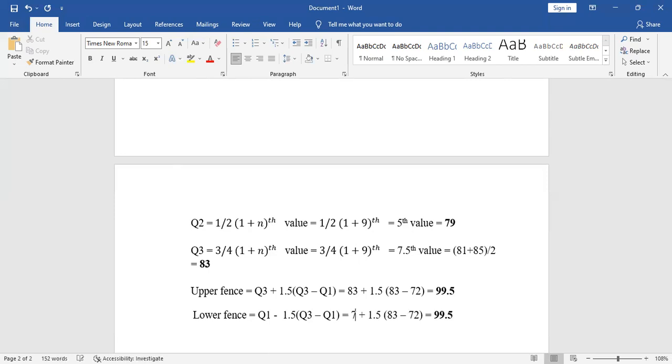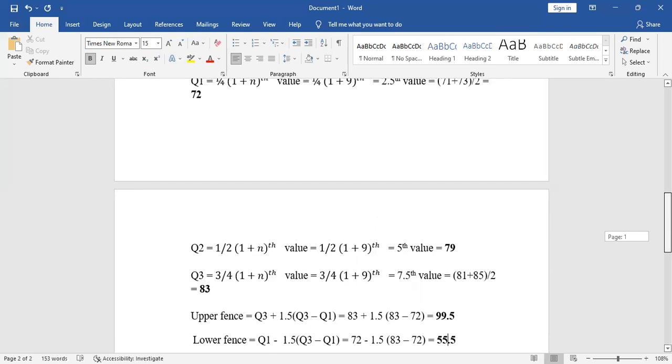So my Q1 is 72. 1.5 is part of the formula, but this time around I'm saying minus. So I can find my lower fence by saying 72 minus 1.5, open brackets, 83 minus 72. I have 55.5. That is my lower fence.